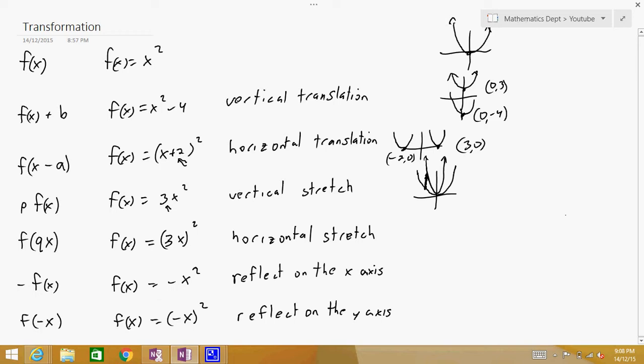The next function we're looking at is the horizontal stretch. Now people get confused between the horizontal stretch and the vertical stretch, but they are different. If you notice, if we had 3x squared and 3x in brackets squared, the second one is actually equal to 9x squared. How this function works is if you had an original function of y equals x squared, what the 3 does is it pushes everything in 3 times.